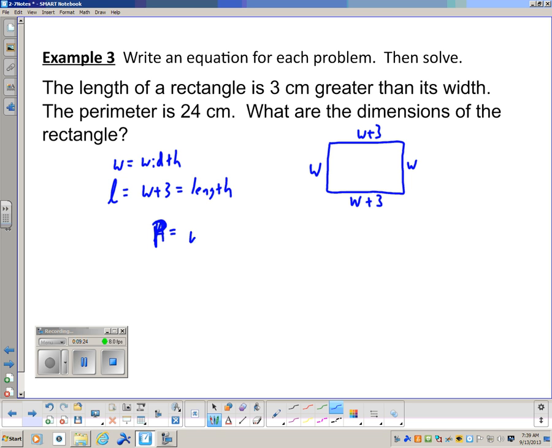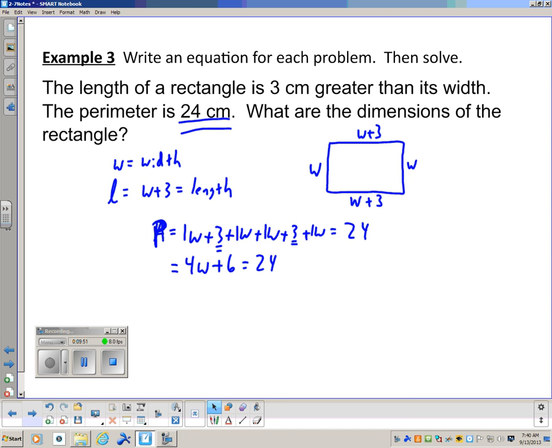We can go W plus 3 plus W plus W plus 3 plus W. And we already know what that perimeter is. Up there at the top, it says it's 24. So let's solve this. 1W plus 1W plus 1W plus 1W there is 4W. And then I've got this 3 plus this 3 here gives me 6 equals 24.